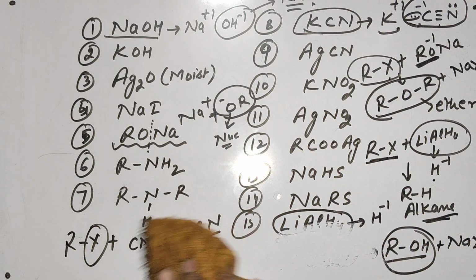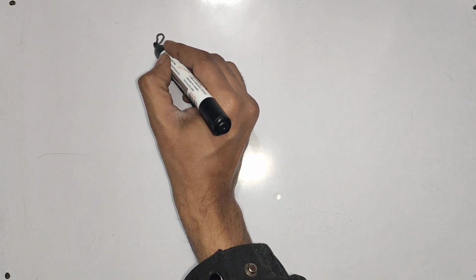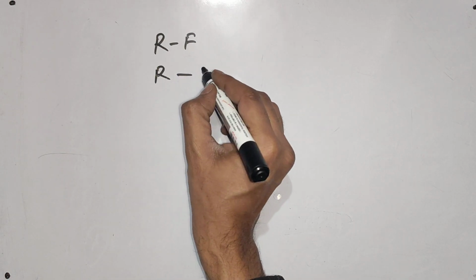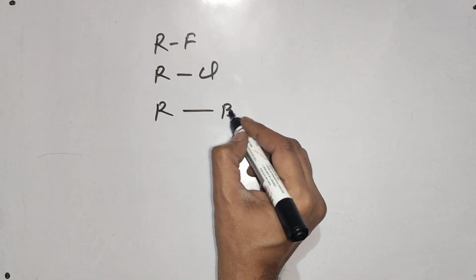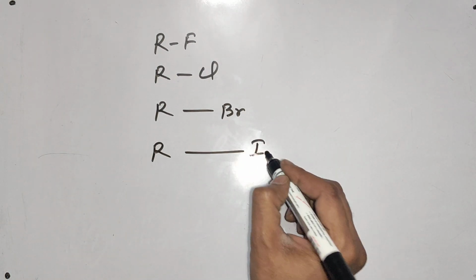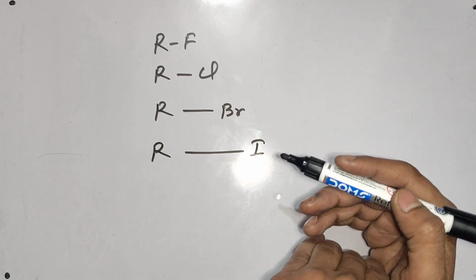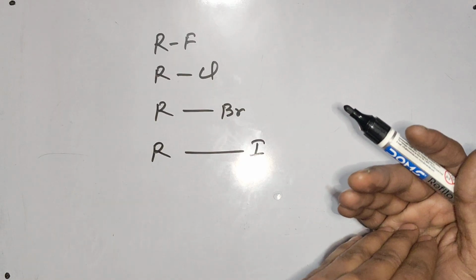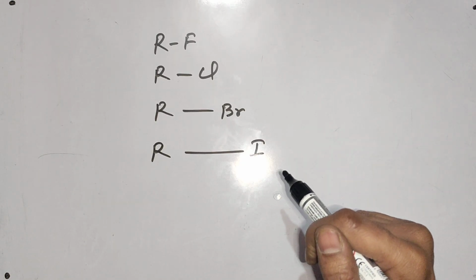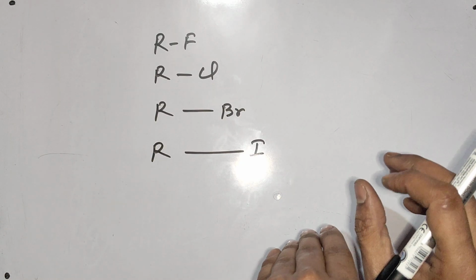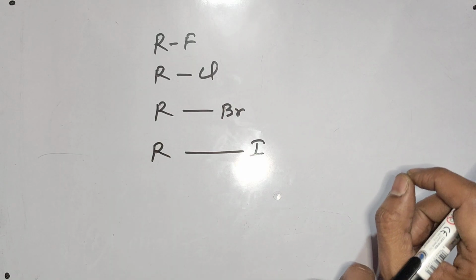Now, the last point here. We know we have 4 types of haloalkanes: RF, RCl, RBr, RI. Which will show nucleophilic substitution reaction fast? Means out of these 4, which is most reactive toward nucleophilic substitution reaction?